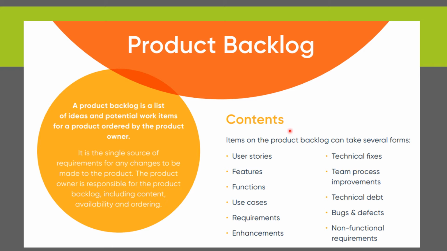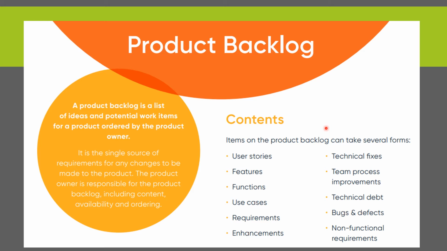So what are the contents of a product backlog? User stories, features, functions, use cases, requirements, enhancements, technical fixes, technical debt, process improvements, bugs and defects, non-functional requirements. See, all these can be part of the contents of the product backlog.